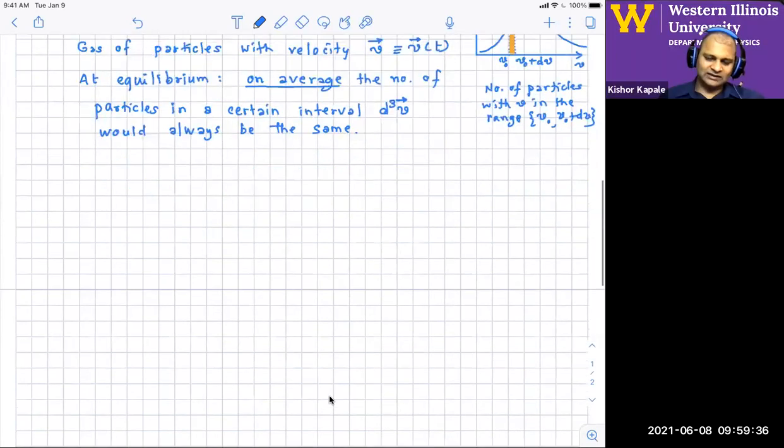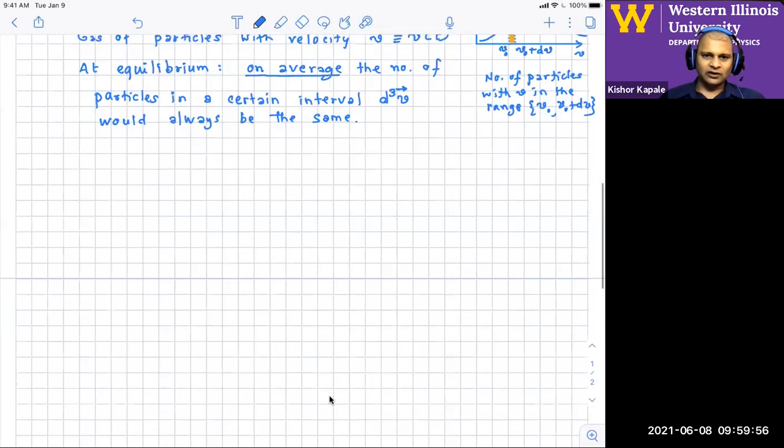Does that kind of make sense? At equilibrium, right? And on average, those two phrases are very, very important. Things are continuously changing. The particles are bombarding each other, so that causes the velocity to change. But on average, in a given interval, you will expect it to be the same, even though individual particles are changing their velocity.